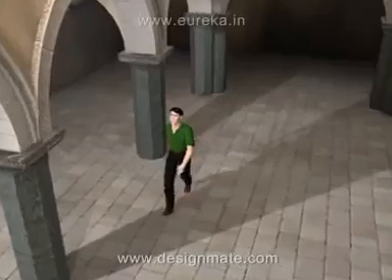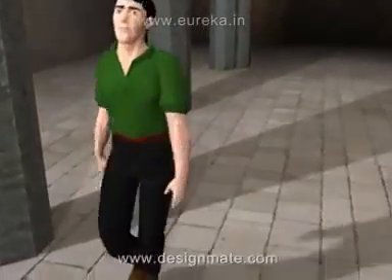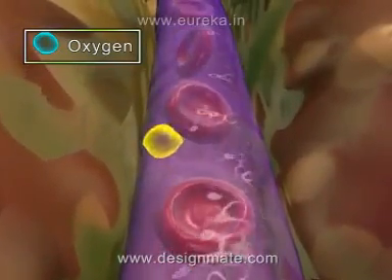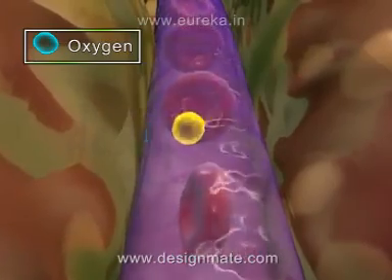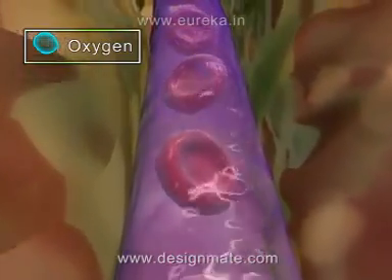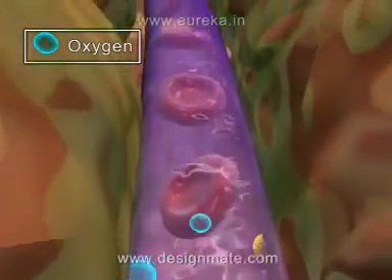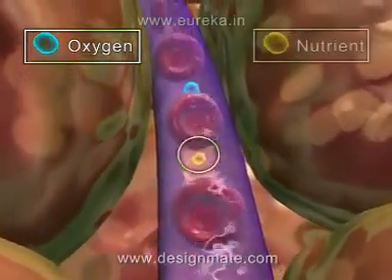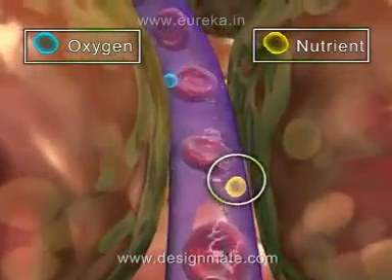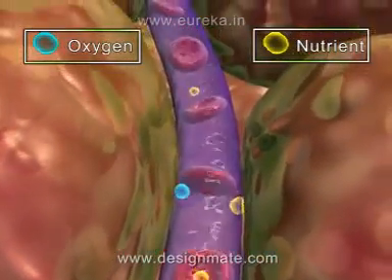Diffusion is observed in various processes occurring in our body. The process by which the respiratory gases like oxygen and carbon dioxide are exchanged with the cells is a good example of diffusion. Similarly, nutrients from the blood diffuse out of the vessels to reach the tissues.